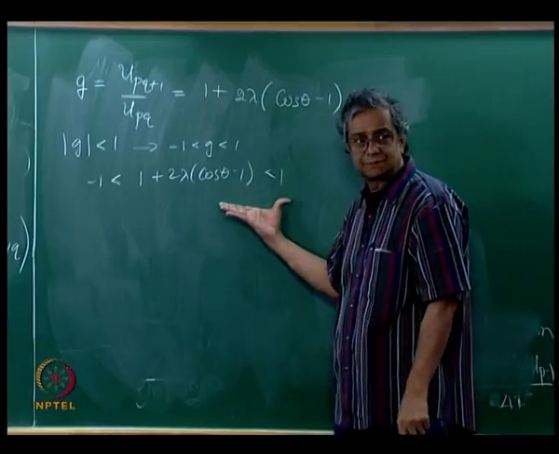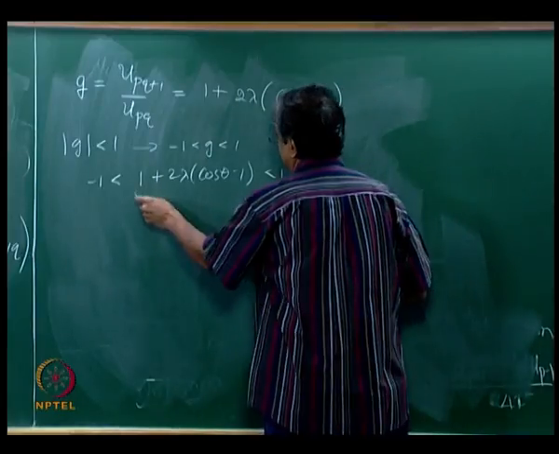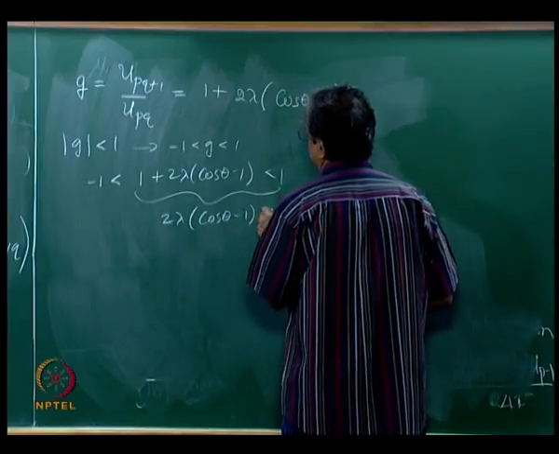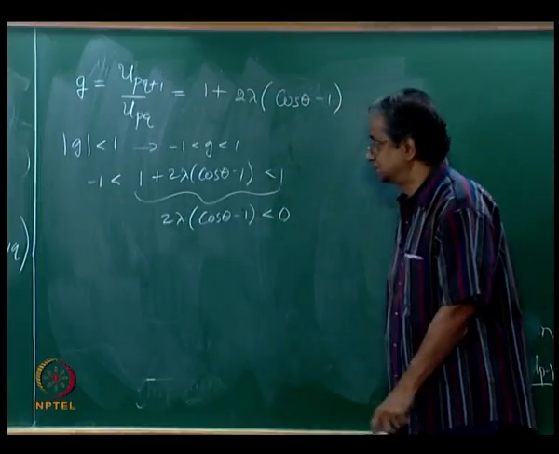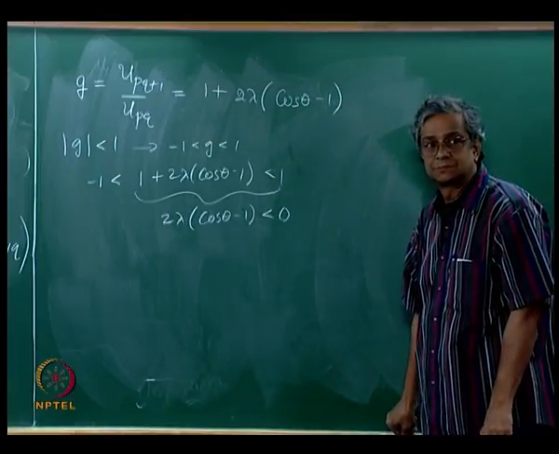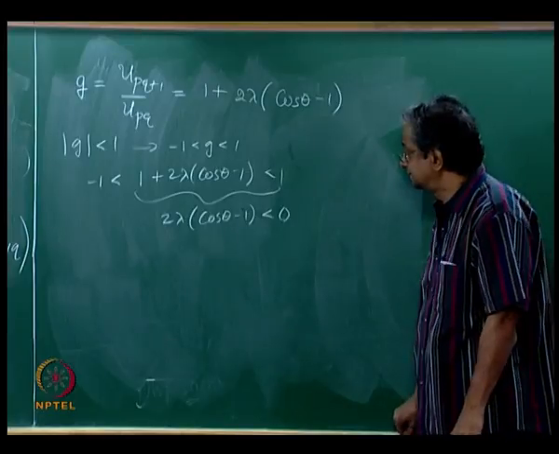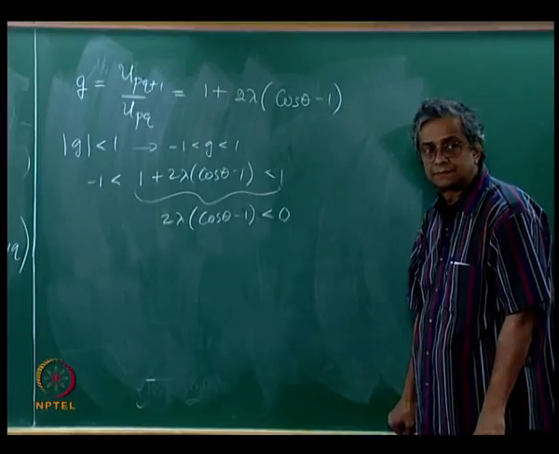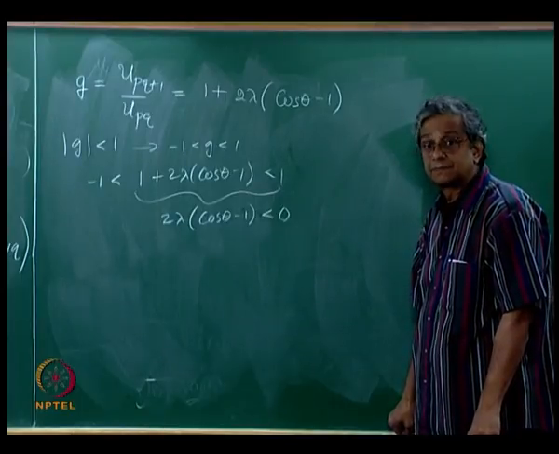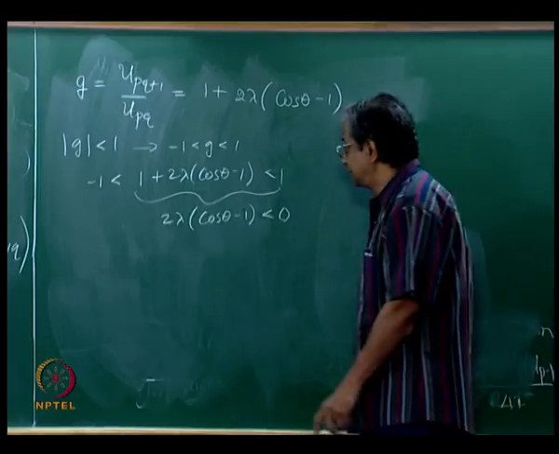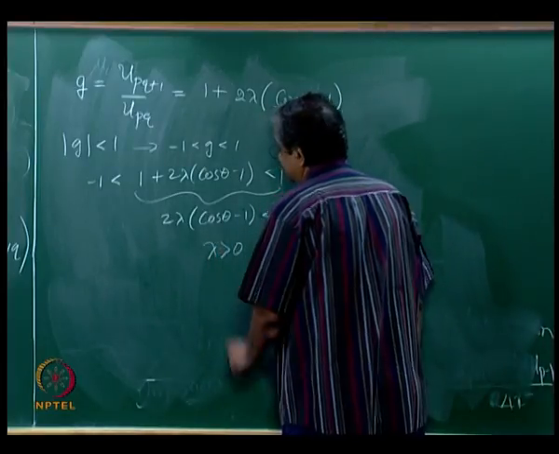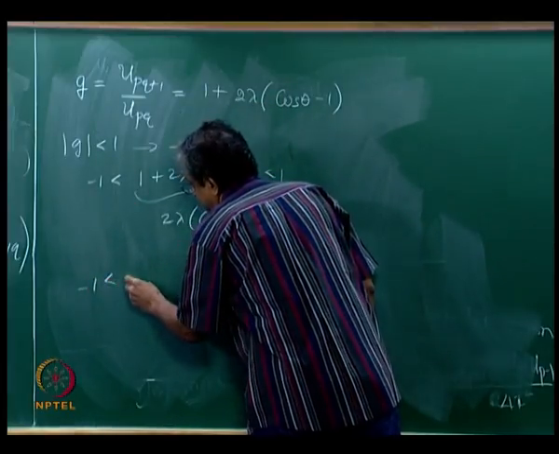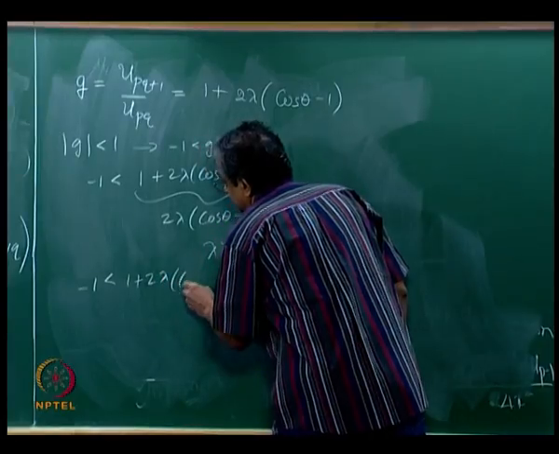If I look at the right one, that tells me 2 lambda into cos theta minus 1 is less than 0, or lambda should be greater than 0. What does the other condition give me? Minus 1 less than 1 plus 2 lambda cos theta minus 1.